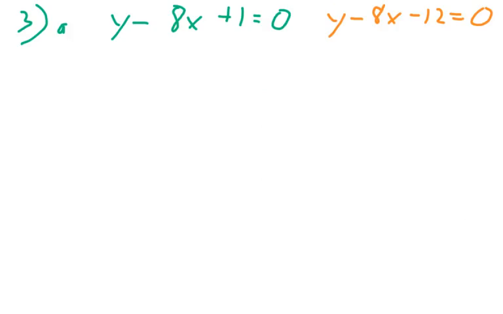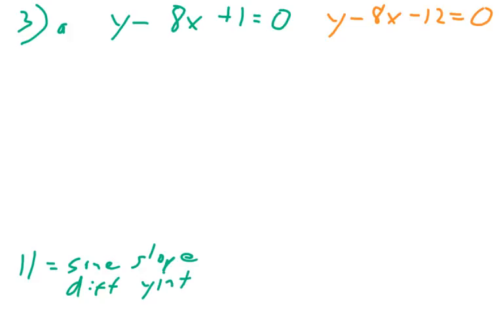In problem number 3a, we are trying to figure out whether it's parallel, perpendicular, coinciding, or none of these. Parallel is the same slope with different y-intercept. Perpendicular is opposite reciprocal.